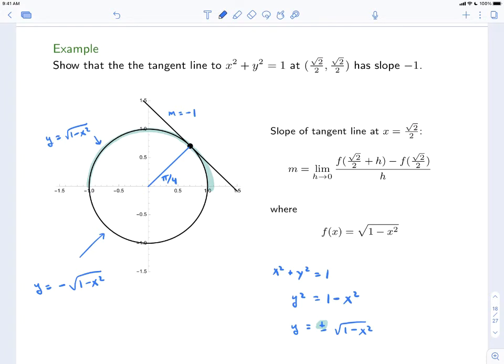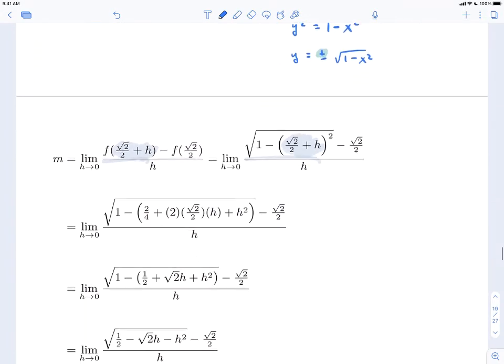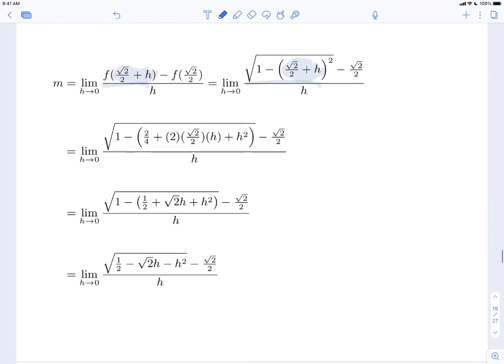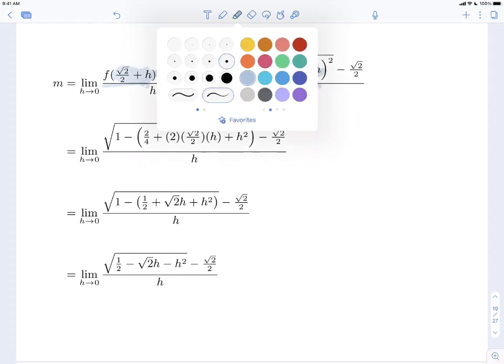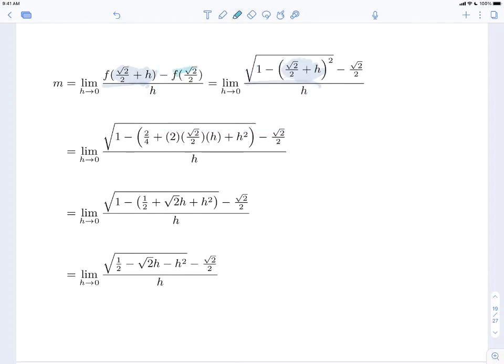So this number right here is f at the square root of 2 over 2. This is the place where the input and the output are the same. So that's why f of the square root of 2 over 2 is equal to the square root of 2 over 2, because the input and the output are the same for this one. So this one is the same as this one.